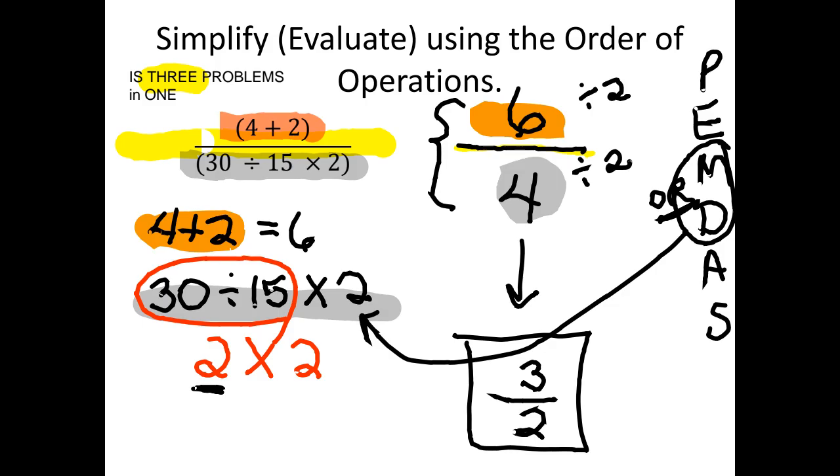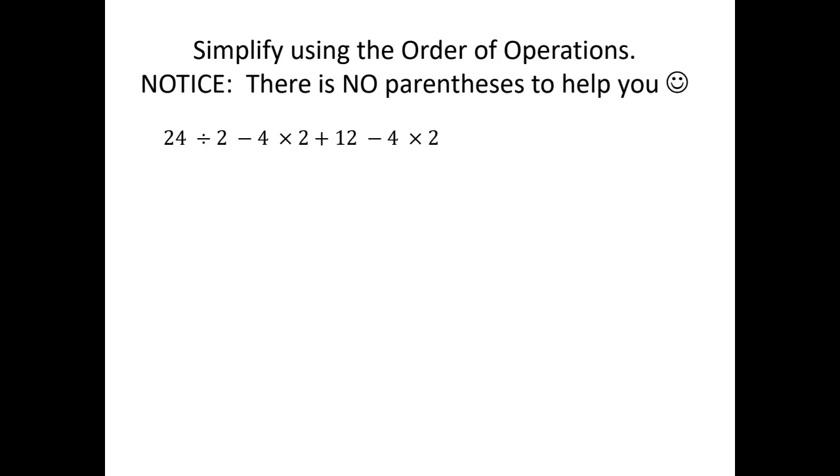Now, this is the last one, but I want you to understand this. And notice, there is no parentheses to help you. And these are the ones I really like, because if you know order of operations, which is please excuse my dear Aunt Sally. You're going to get this right.